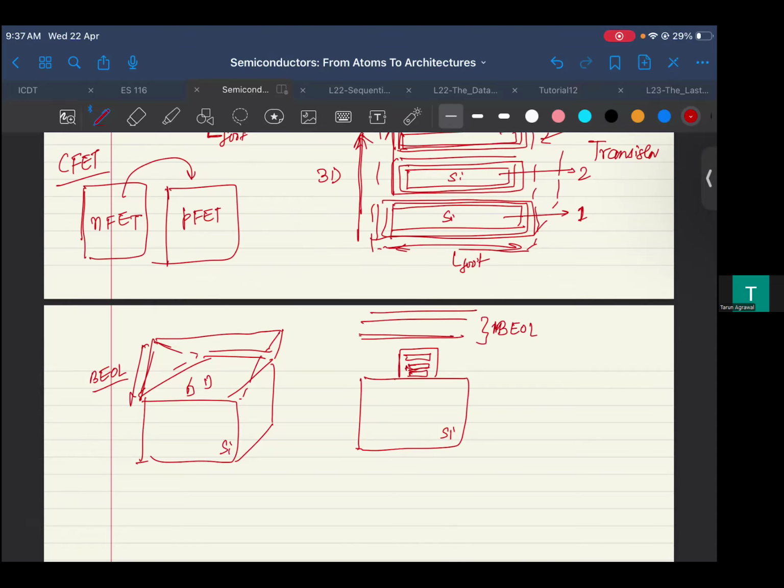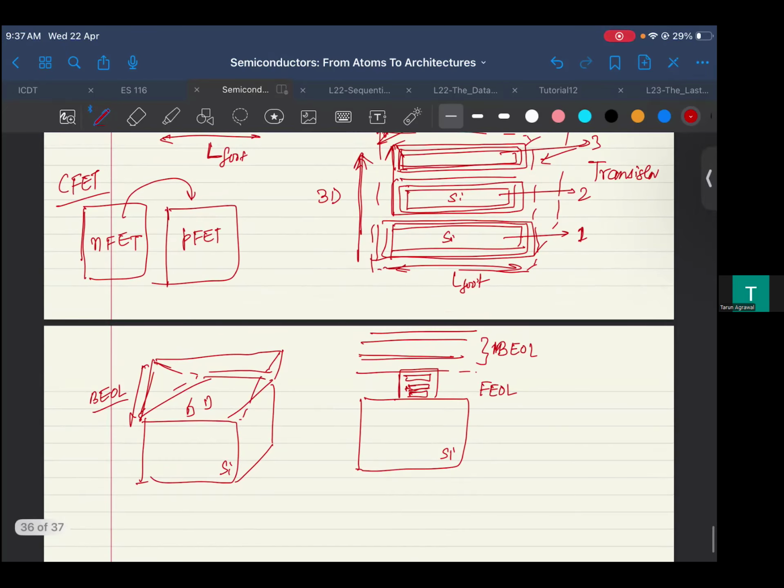So the question is, you are still processing all of this in the front end of line. Front end of line means just on the silicon wafer, right? But suppose I were to fabricate some transistors here also, would I not increase the number of transistors in a given footprint? Yes, I would. And that is the direction you see again, which is the area of BEOL transistors, back end of line transistors.